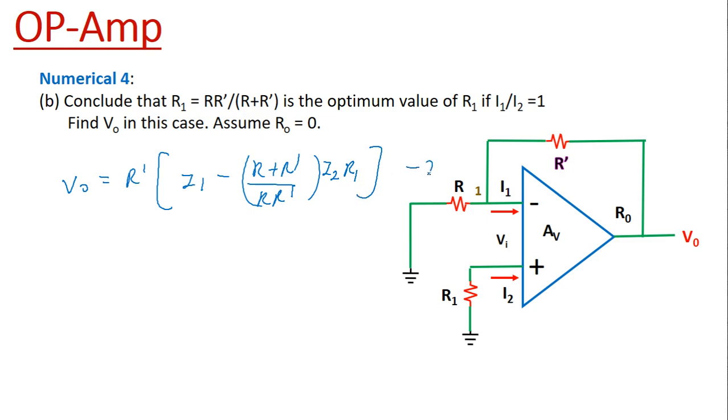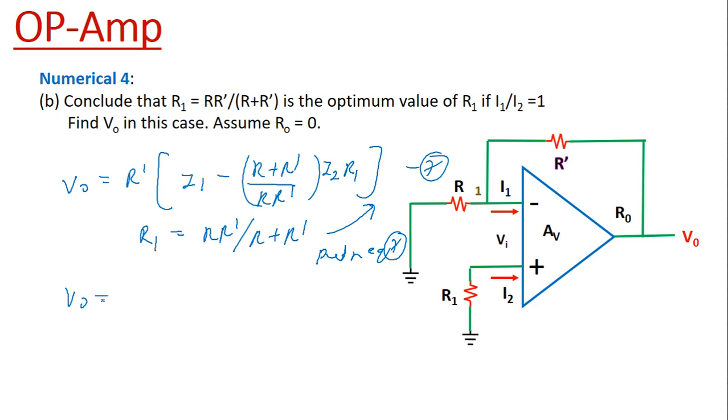This was our equation number 7. Now put this value of R1. The optimum value of R1 was R1 is equal to R dash divided by R plus R dash. So put this value in equation number 7.